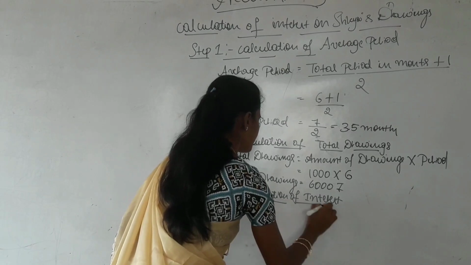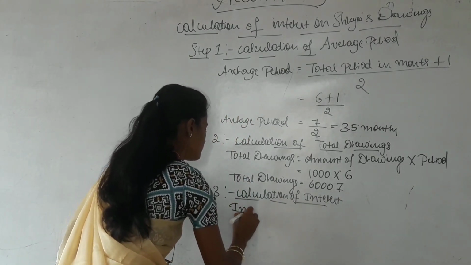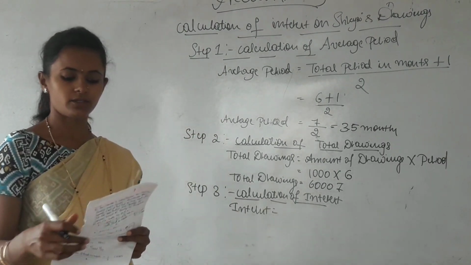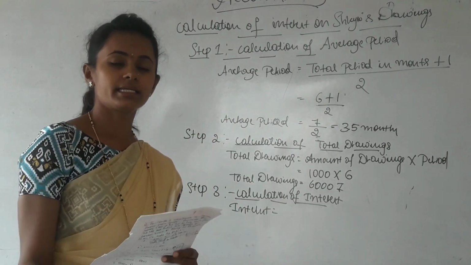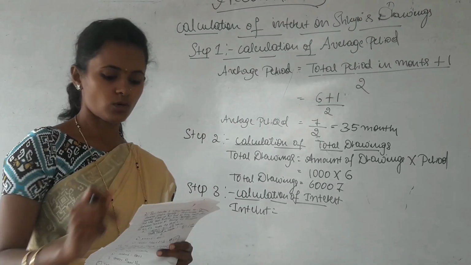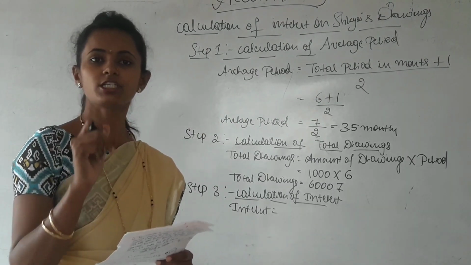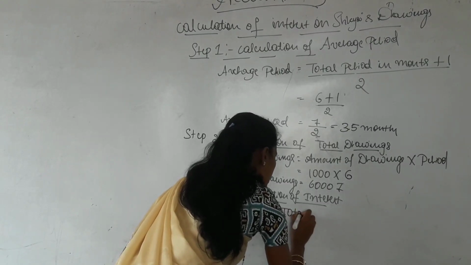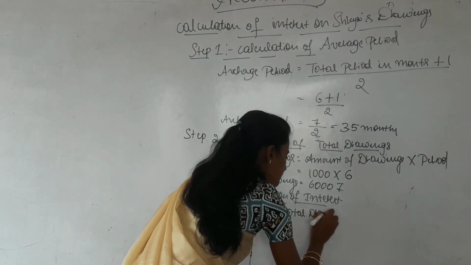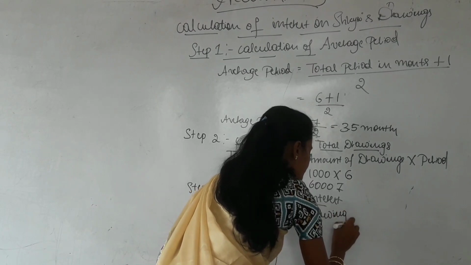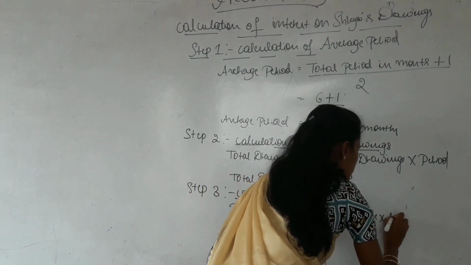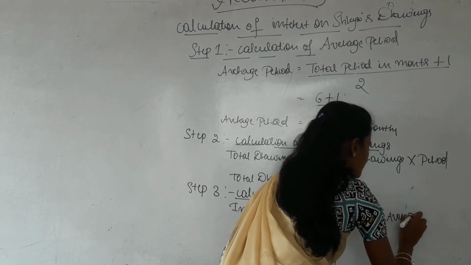To calculate the interest we have a formula: interest is equal to total drawings into rate into average period.